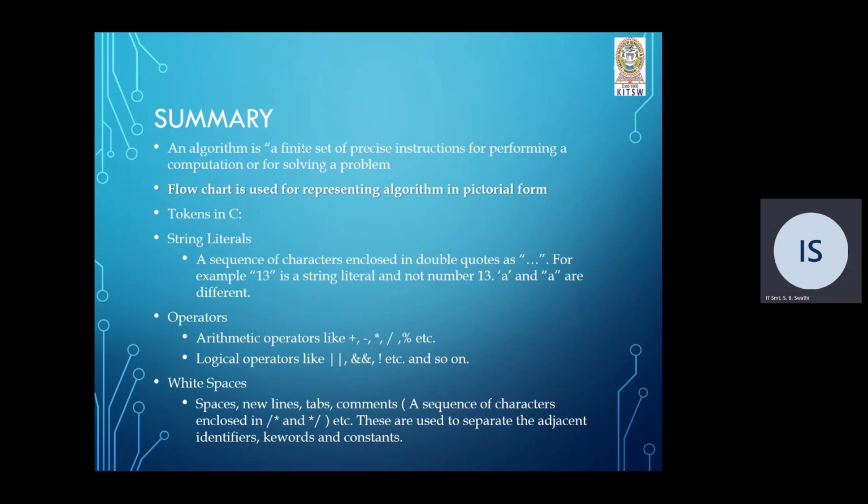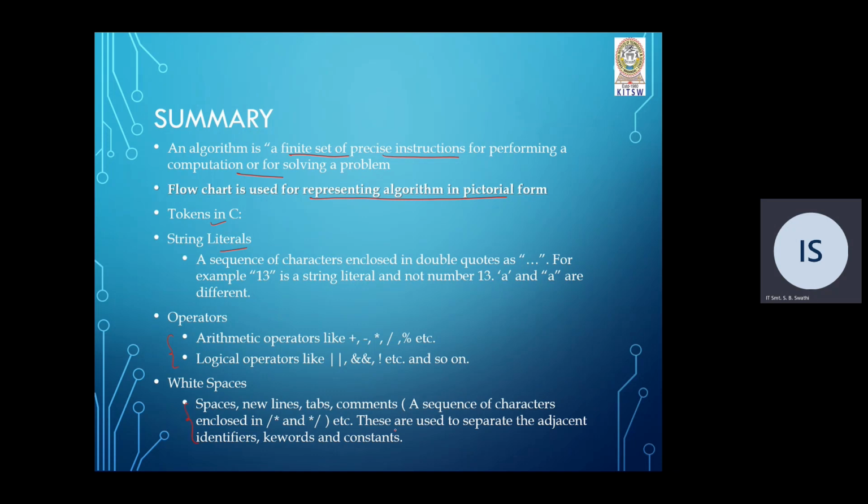So let us review the salient features of this lecture, students. Algorithm is a finite set of precise instructions for performing a computation or for solving a problem. And flowchart is used for representing an algorithm in pictorial form. And we have discussed tokens in C and the literal strings. And these are the various operators we have seen.